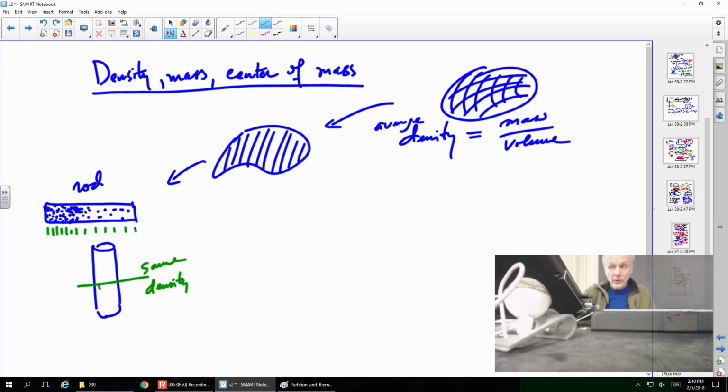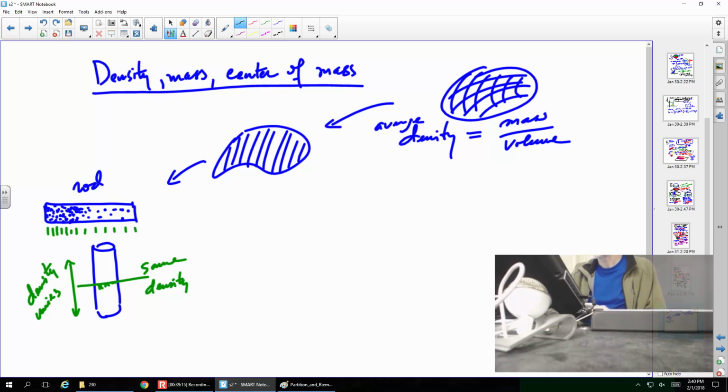There are many locations here, right? But we assume, probably justifiably, that they have exactly the same density. But it does vary this way. So density varies in the vertical direction, but not in the horizontal direction, which makes the whole thing one-dimensional.